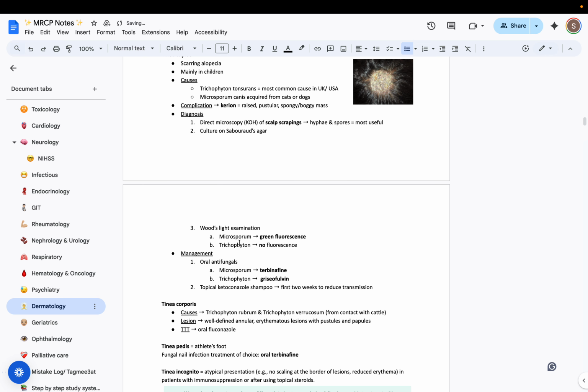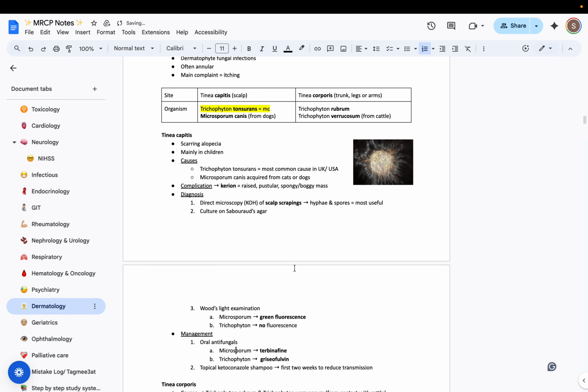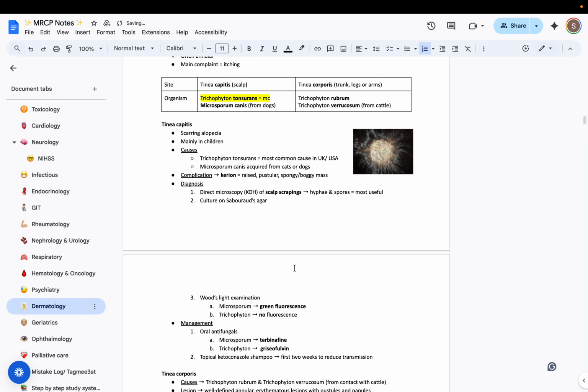Now, how to treat: Microsporum is treated with terbinafine, and Trichophyton is treated with griseofulvin. Just remember that it's the opposite. Trichophyton would make you think about terbinafine, but it's not, it's griseofulvin.